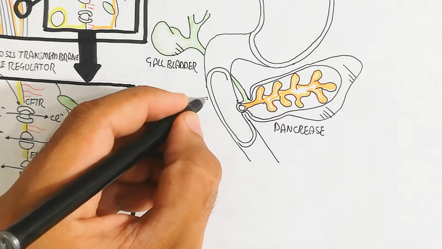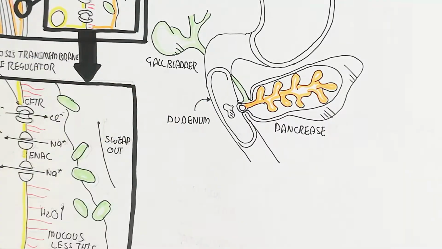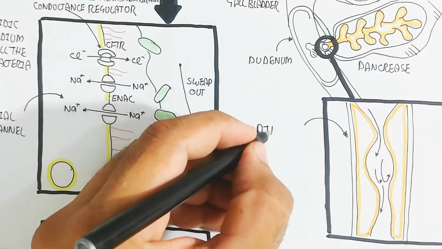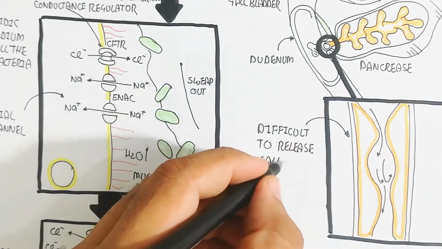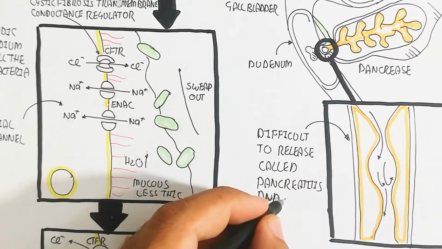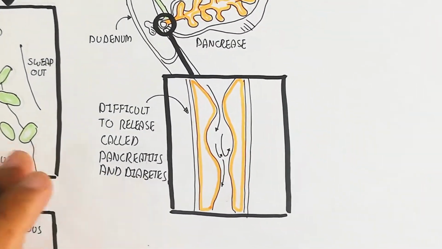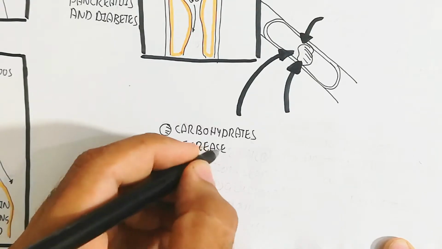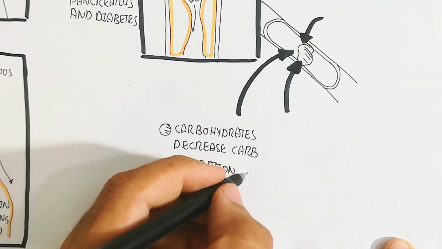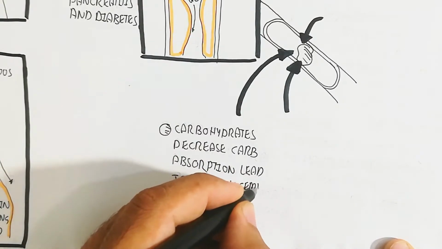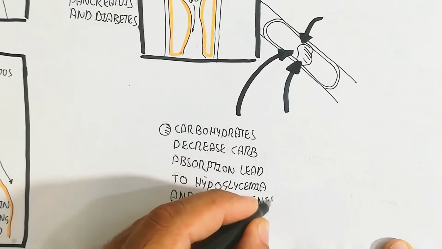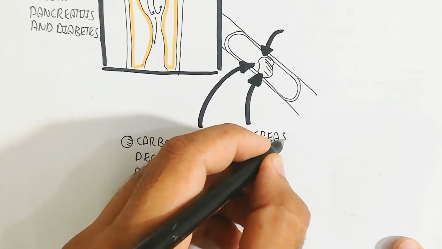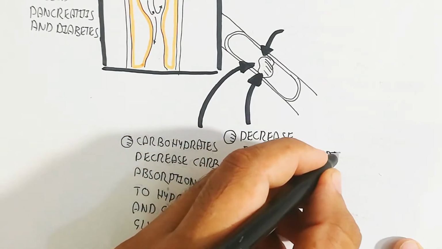Here are the gallbladder and the pancreas, which are also affected. The difficulty in releasing secretions causes pancreatitis and diabetes due to cystic fibrosis, and the lumen of the pancreatic duct as well as the gallbladder becomes thick. This makes it difficult to release the pancreatic amylase and lipase enzymes, and also bile from the gallbladder, so emulsification of fat and carbohydrate digestion decrease. Decreased carbohydrate absorption leads to hypoglycemia, and gluconeogenesis and glycogenolysis will occur.